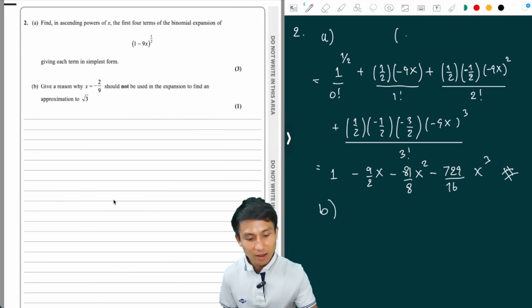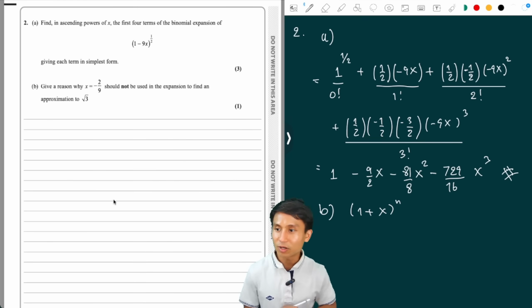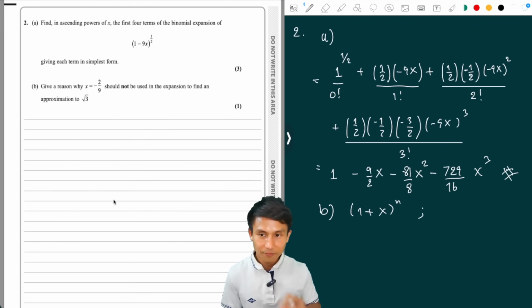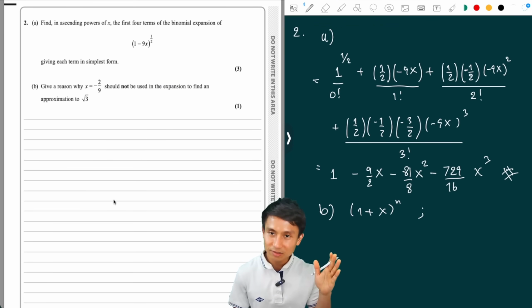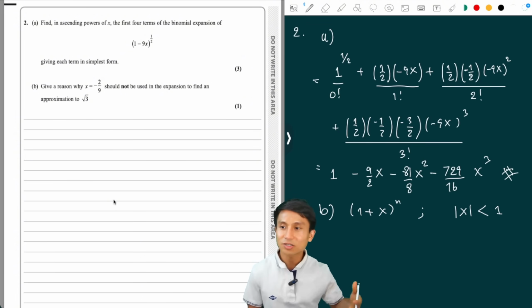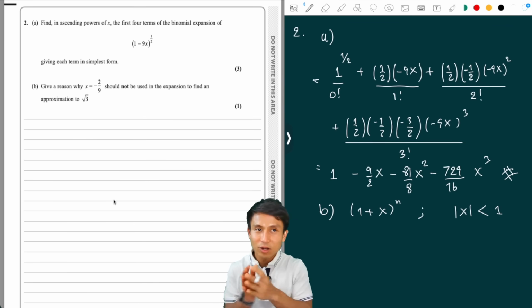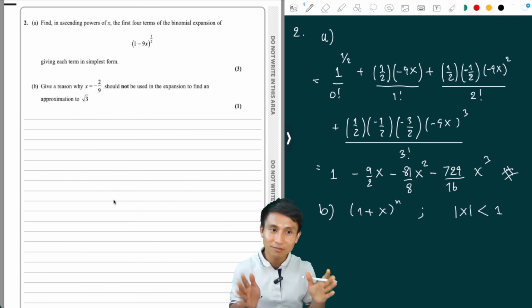That when you have the usual 1 plus x to the power of n binomial expansion here, the infinite expansion, it's only valid when the modulus of x is less than 1. That is just saying that this term should be small, because when you keep expanding, okay, this is the concept here. If you didn't know it, then you should know.